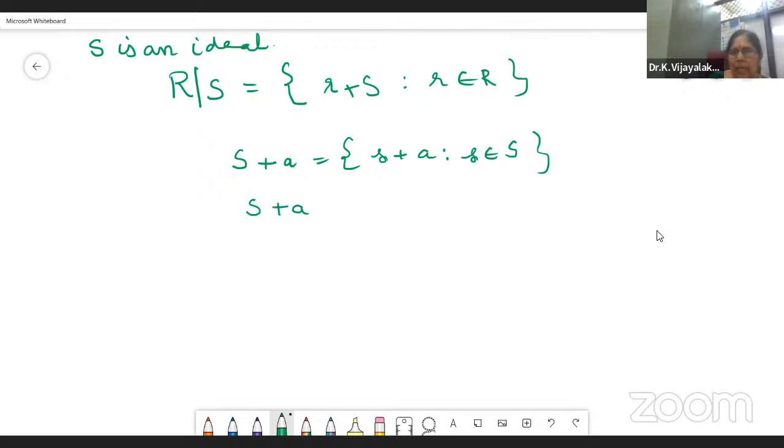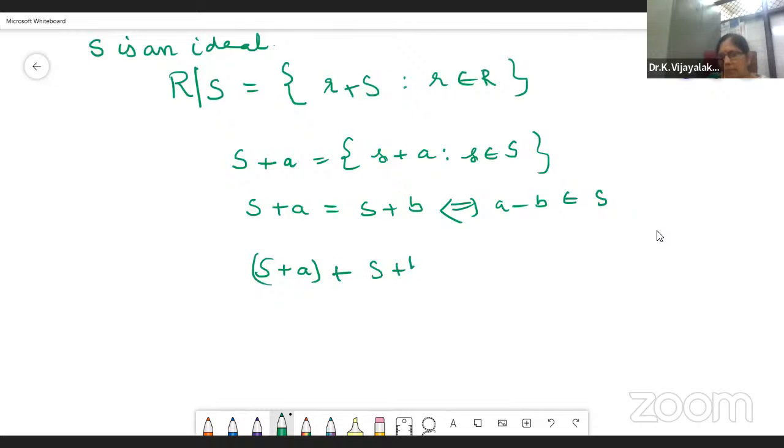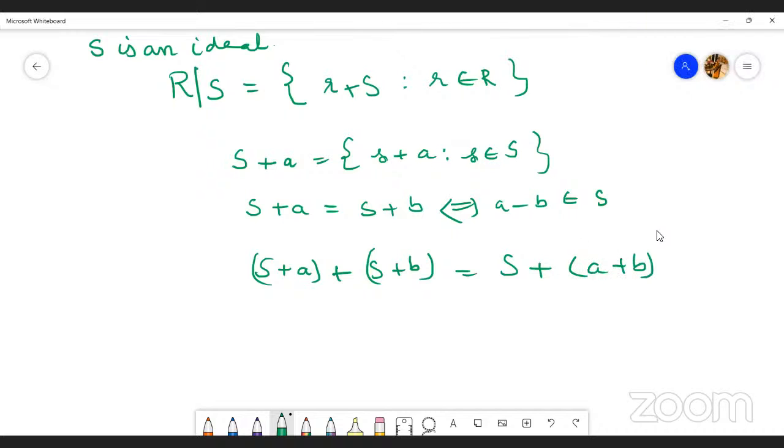Now you have S plus a equals S plus b if and only if a minus b belongs to S. We define addition of two cosets, (S plus a) plus (S plus b), as S plus (a plus b).